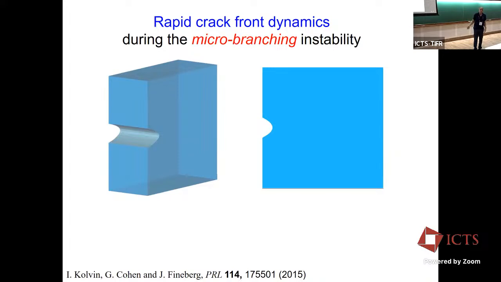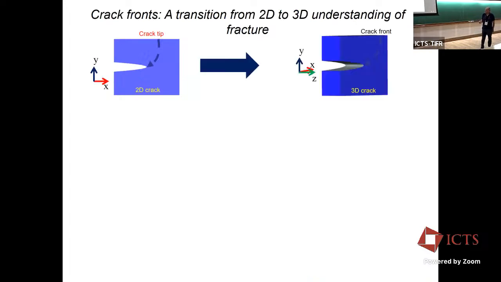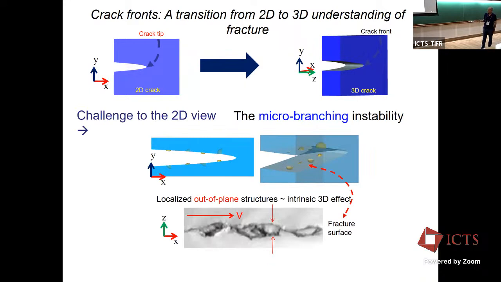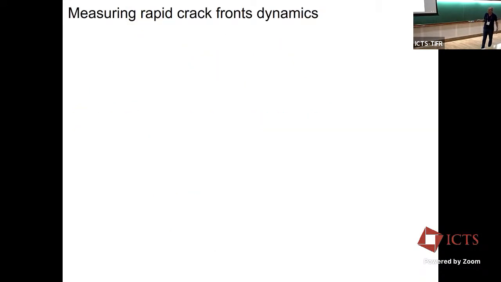Each one of these microbranches, since it's localized in the Z coordinate, is perturbing that front. So we set up an experiment to see what this front looks like. This just reminds you what you've just seen.